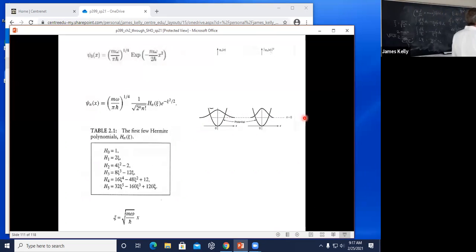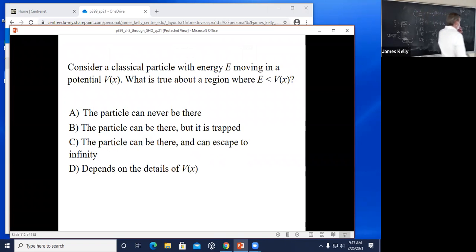So what I'm asking here, on the next voting question, is that we're going back to classical physics now. Particle in a quadratic potential energy, or not even that, it doesn't have to be quadratic, any potential. What's true about that particle in a region where the energy is less than the potential energy?